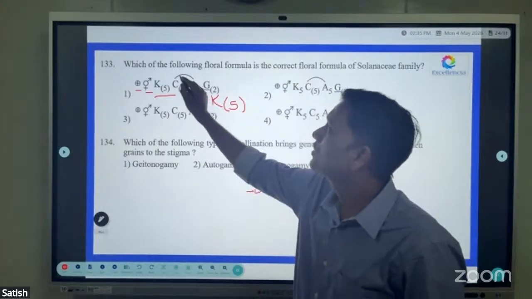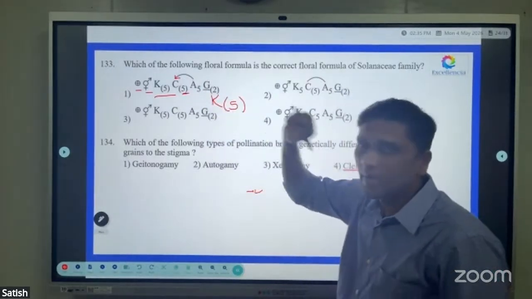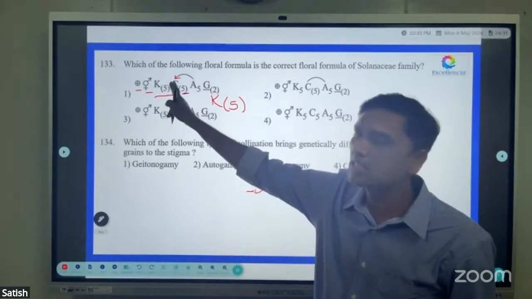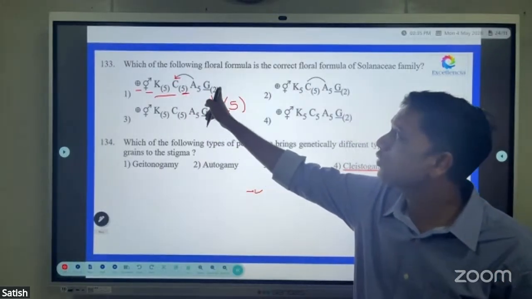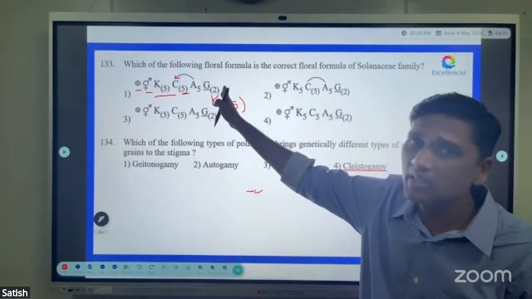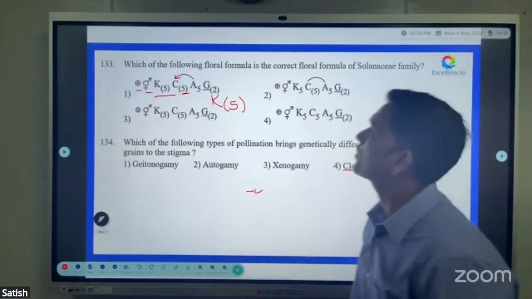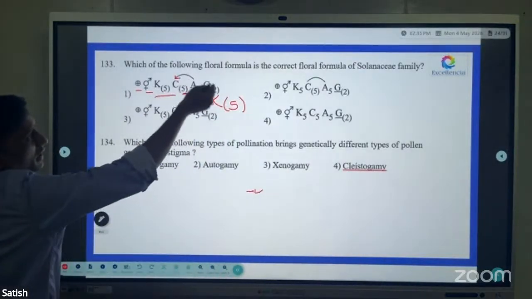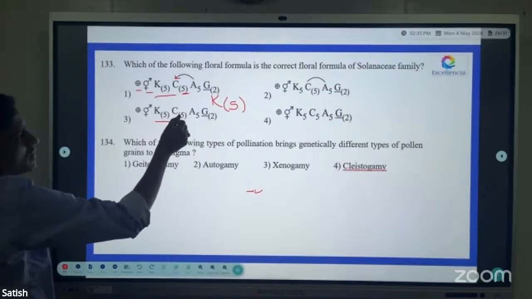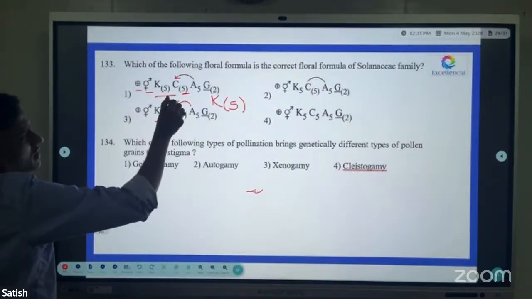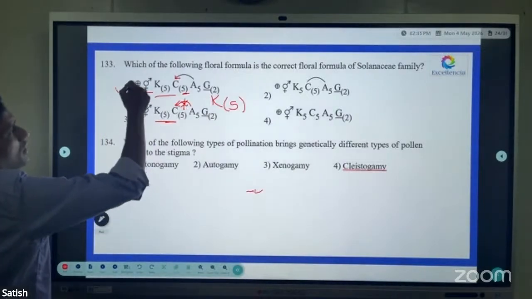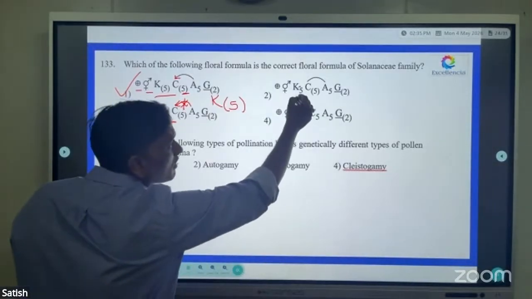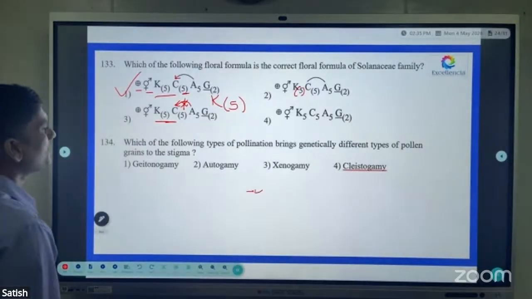Androecium, 5 stamens, and we observe the condition called epipetalous stamens, when stamens are fused with petals. Gynoecium, 2 carpels, and the ovules are borne in axile placentation. So the answer is K bracket 5, C bracket 5 epipetalous, A5 and G2. Here, the fusion is not there, that's why we need to opt option 1 as the right answer. Here, the epipetalous condition is there, but the parenthesis is not there. Fusion is not there.